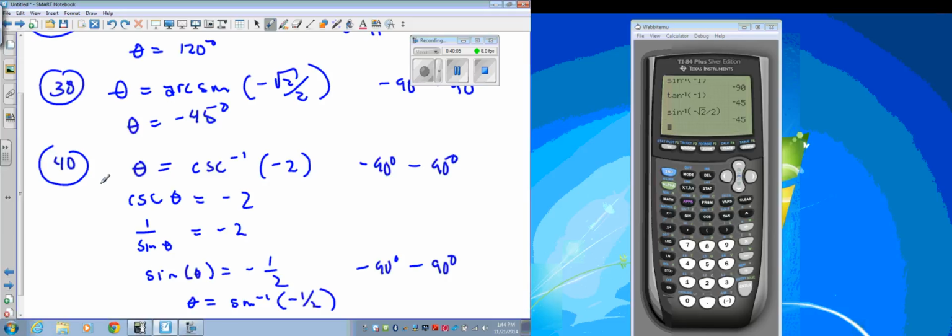So this is equal to negative 30 degrees. But to kind of see it, you got to change it around. Does that make sense? What? It's going to be a negative 30. Yeah.